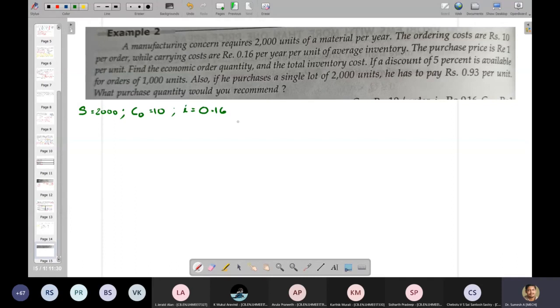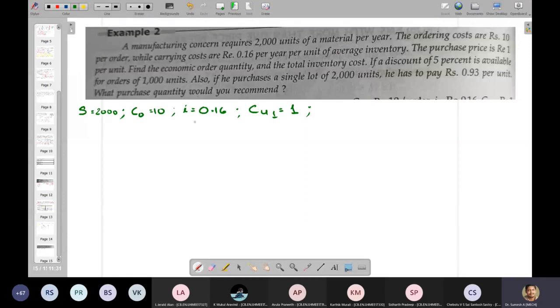So CU1 is ₹1. What is the other condition given? Find the economic order quantity and total inventory cost, if a discount of 5% is available for orders of 1000 units, and also if he purchases a single lot of 2000 units, he has to pay only ₹0.93 per unit.